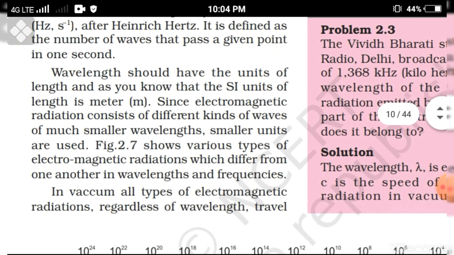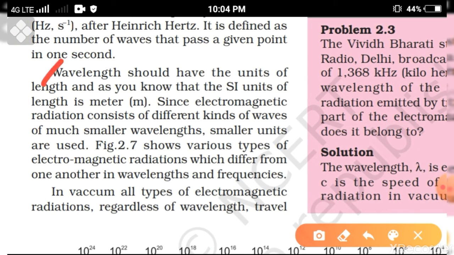Now let's discuss the wavelength. Do you know about wavelength? It is represented by lambda. So wavelength should have the units of length, just like we measure length in meter or centimeter. The SI unit of length is meter, so the SI unit of wavelength is also meter.